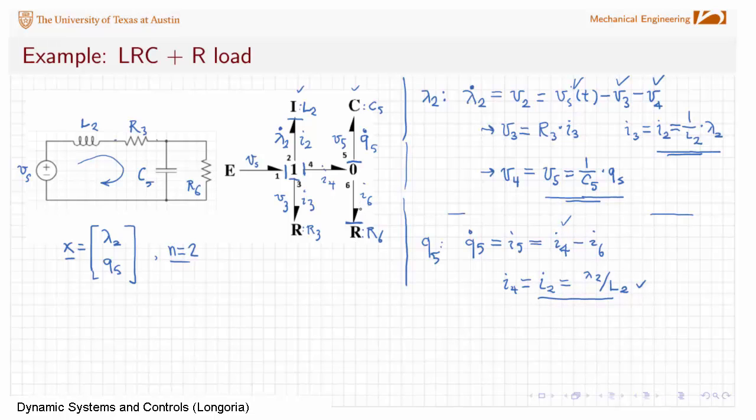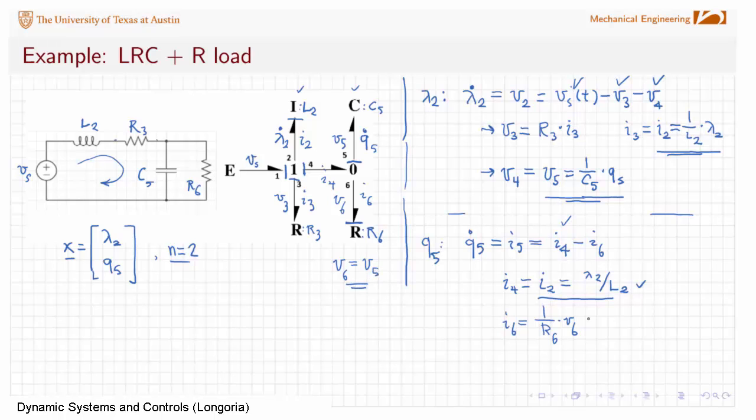I6 is coming from this resistor. How do I find I6? Well, I use the constitutive relationship that says that I6, if it's a linear resistor, is 1 over R6 times V6. But what is V6? Again, you're going to get tired of hearing me say this. V6 causally is equal to the voltage at this common effort junction, which is determined causally by this bond, which is V5.